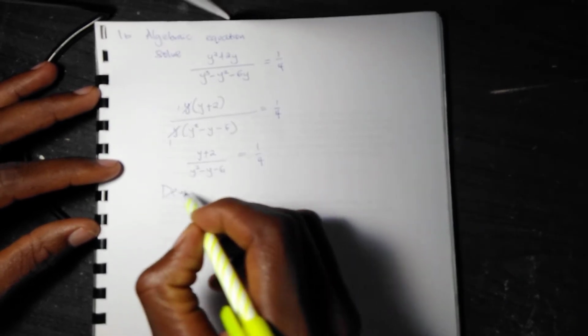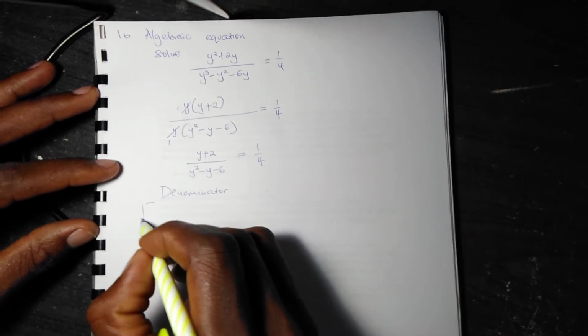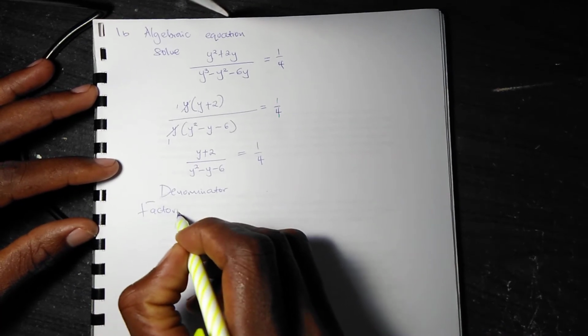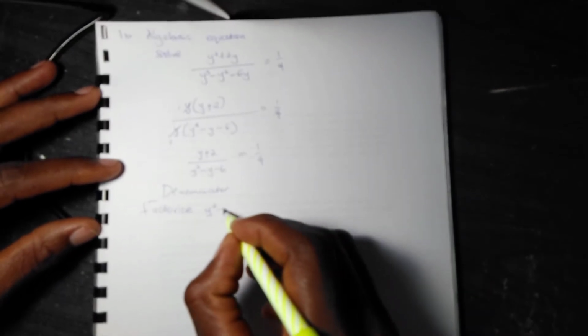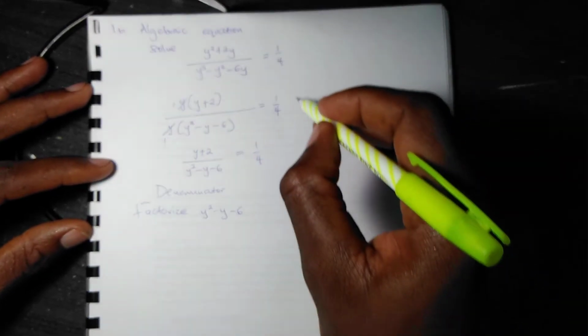For that case, the denominator we factorize, which is y squared minus y minus 6.